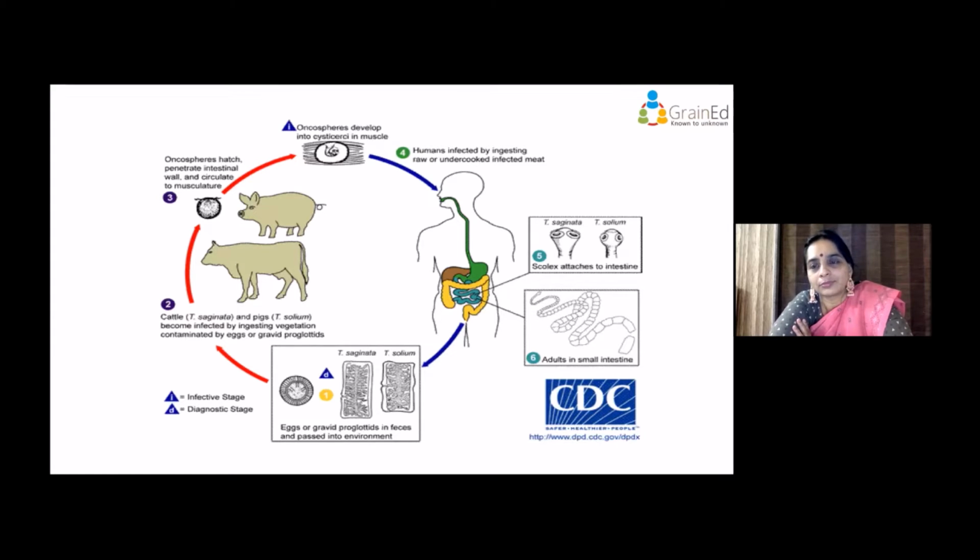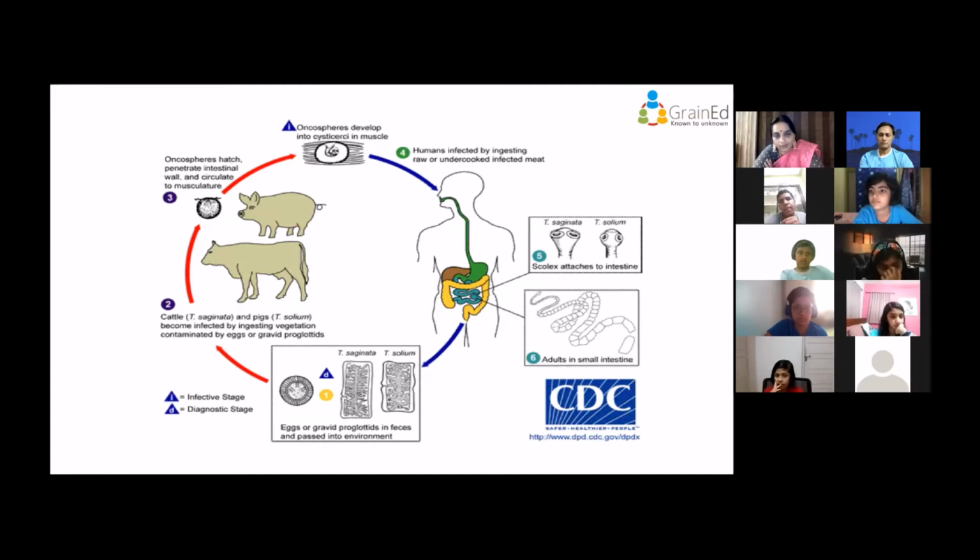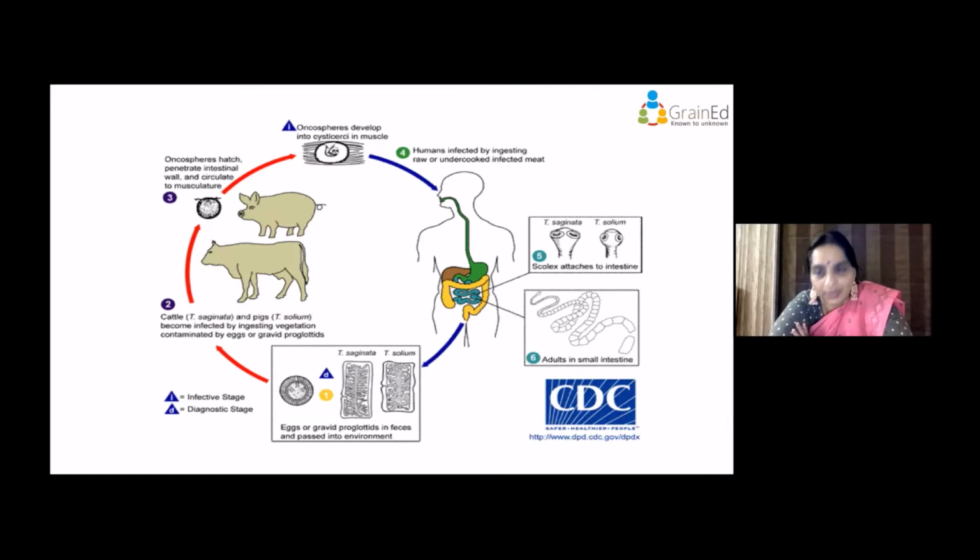Ma'am, if we are domesticating it, the person who is looking after that, if the animal is infected, it can pass to the person. Okay. Meat. Any other meat? Very good. So if pig meat or cattle meat is being eaten, that is one way of getting tapeworms into your body.